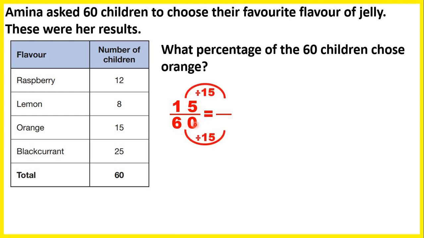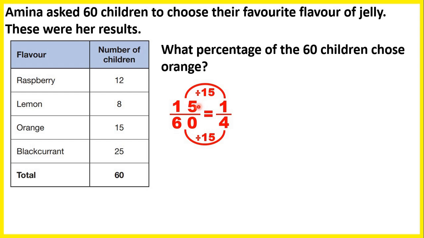So what we need to do here is simplify the fraction first. Both 15 and 60 are in the 15 times table, so we can divide both the numerator and denominator by 15. So 15 divided by 15 is 1, and 60 divided by 15 is 4, because 4 times 15 is 60.